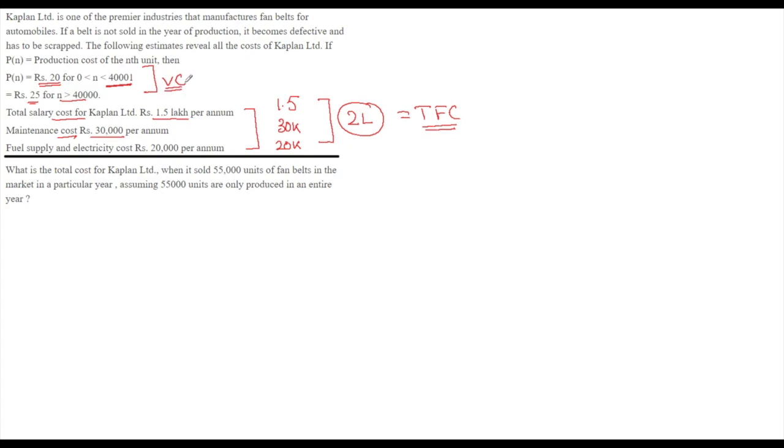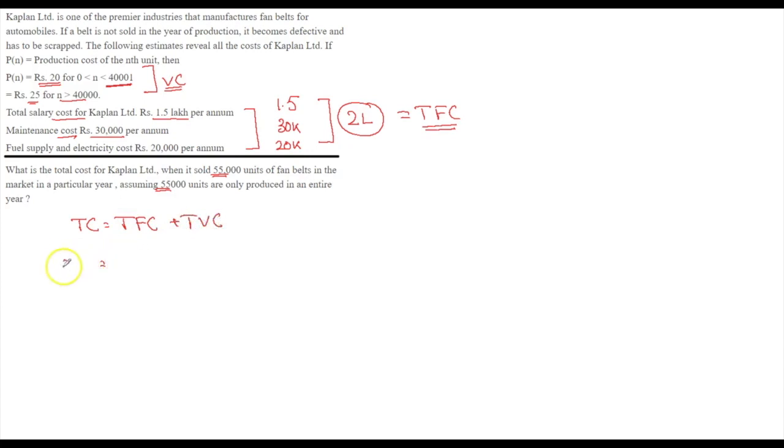Now in this question, what do we need to find out? What is the total cost for Kaplan Limited when it sold 55,000 units of fan belts in the market in a particular year, assuming they have produced the same quantity? Okay, so they have produced 55,000 units. So that means the total cost would be equal to the total fixed cost plus the total variable cost.